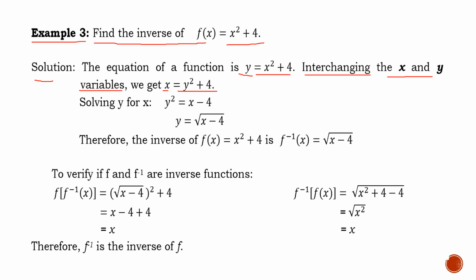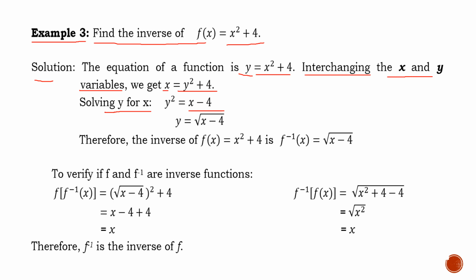So after we take the interchange between your x and y variables, then we solve for the value of y in terms of x. So your y squared now is equal to x minus 4.